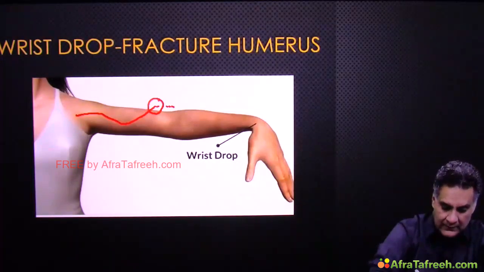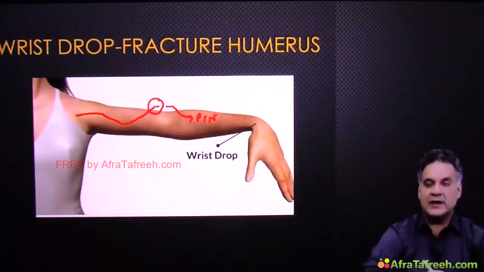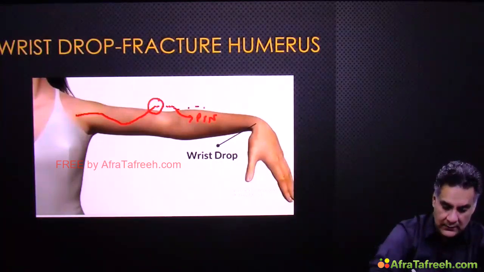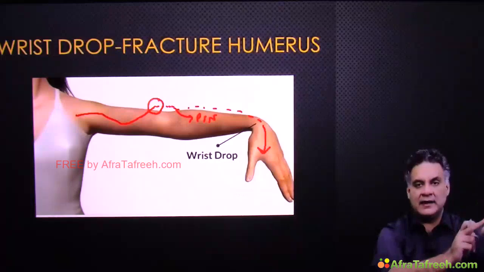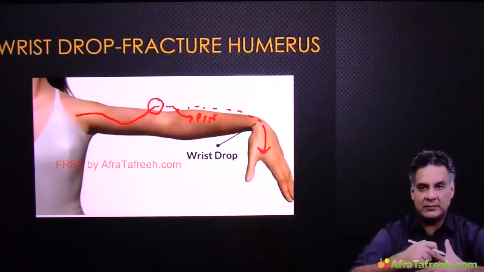It divides into two parts, the posterior interosseous nerve, which goes around the head of the radius, and the superficial radial nerve, which gives the sensory supply to the first web space, this area.